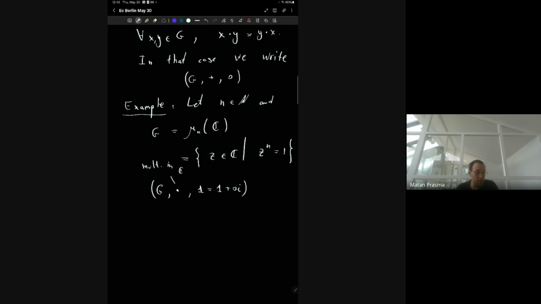So this is indeed a group, and in fact, an abelian group. But it's natural to write this abelian group in multiplicative notation, okay? Because we do multiplication of complex numbers.